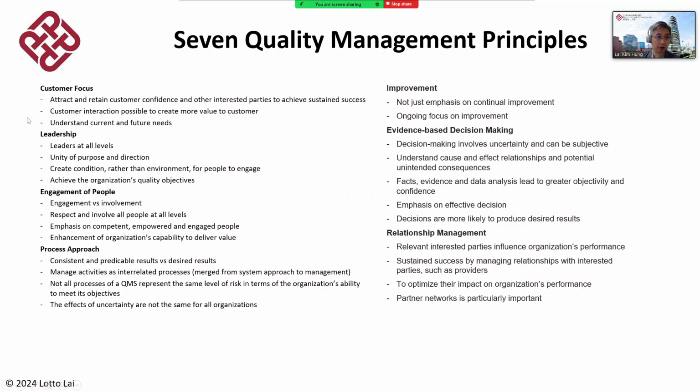Customer focus is about attracting and retaining your customers' confidence and that of other interested parties, achieving sustainable success, interacting to create more value for your customer, and understanding the current and future needs of your customer. Leadership means leaders at all levels align their purpose and direction, create a condition rather than an environment, and achieve your organization's quality objectives.